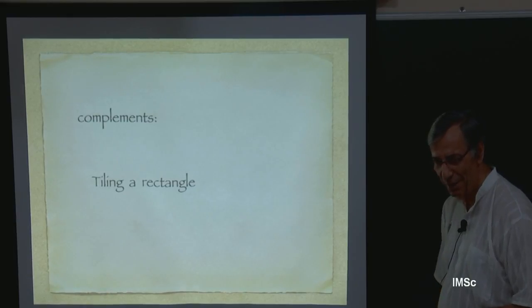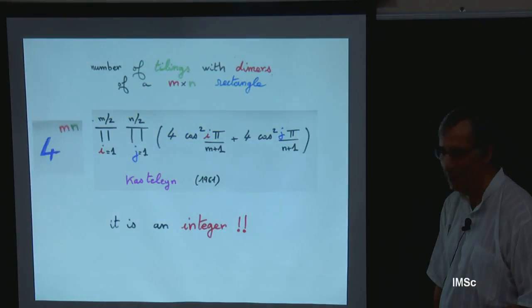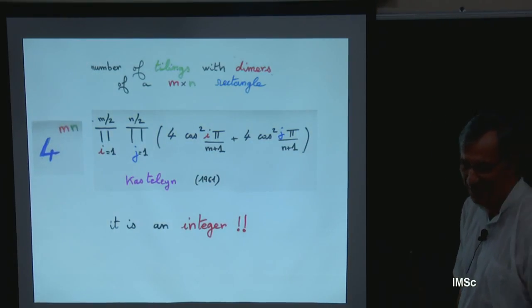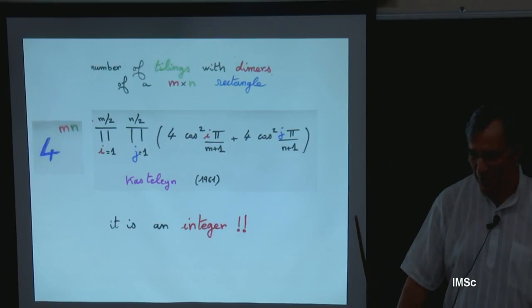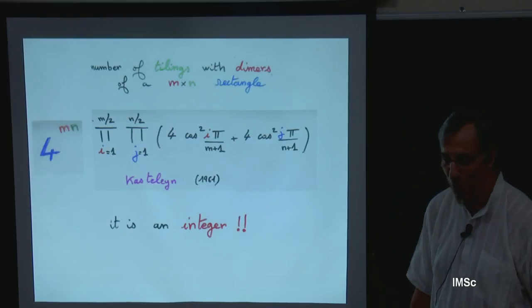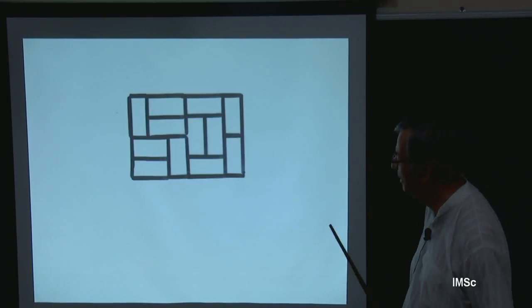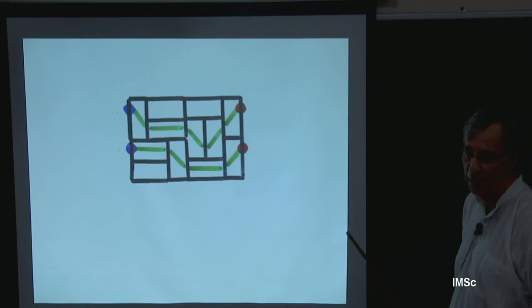But I will have the pleasure to go back to the rectangle, this terrible formula. Finally, it's not so terrible. Because we know that a tiling of the Aztec diamond is in bijection with configurations of paths. So for a tiling of a rectangle, like this, we do exactly the same technique.